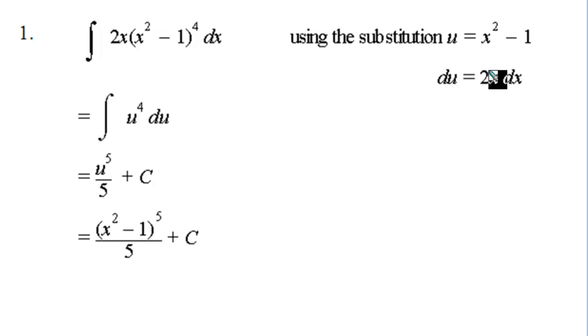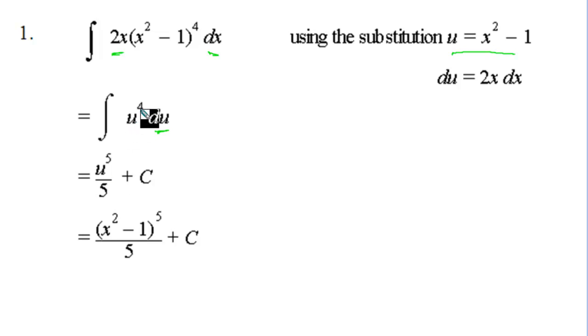We're given the substitution of u is equal to x² minus 1. So du would equal 2x dx, and that's what we've got there. 2x dx would be equal to du. So there's our substitution. (x² minus 1) to the power of 4 was u to the power of 4, so we're able to put that in.